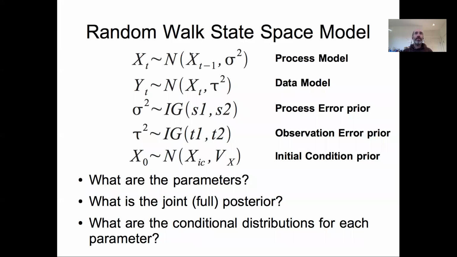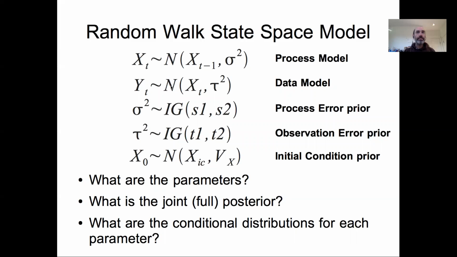So if we write out that model in terms of probability distributions, we have our process model, which we've seen before, our data model, which we've seen before, and then we have two parameters, a sigma and a tau, so we need to have priors on both of those. And here, just for simplicity, I've written down a normal process model, a normal process error, a normal observation error.